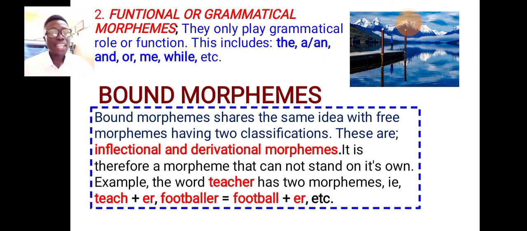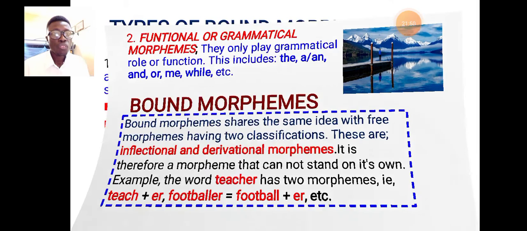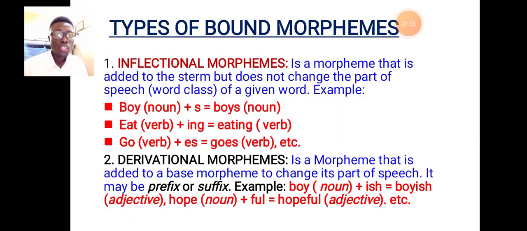So we have inflectional morphemes. Inflectional morphemes are morphemes that are added to the stem but do not change the part of speech or word class of the given word. Example, boy being a noun.